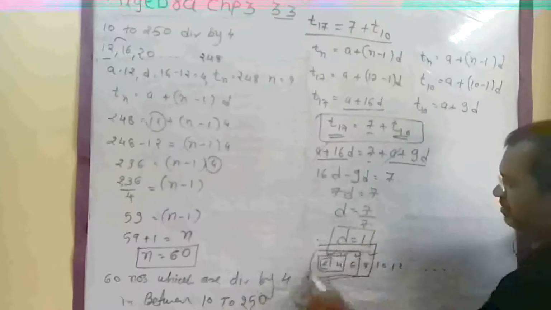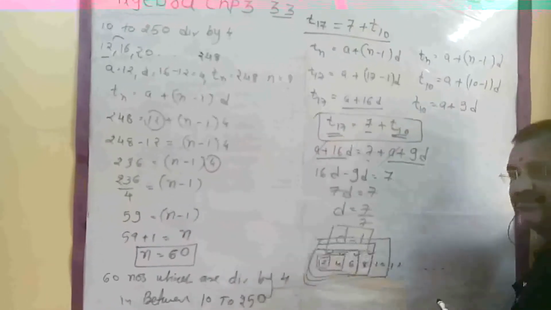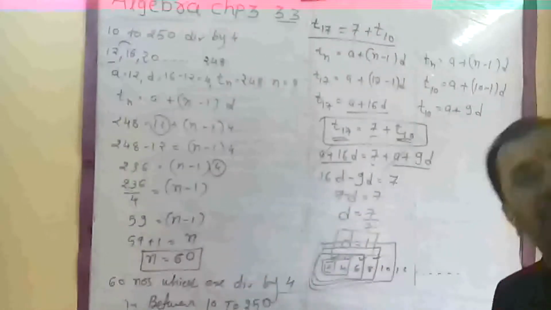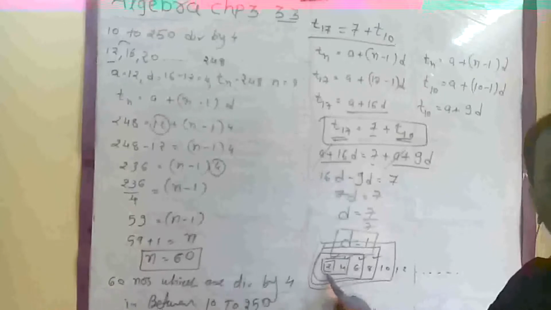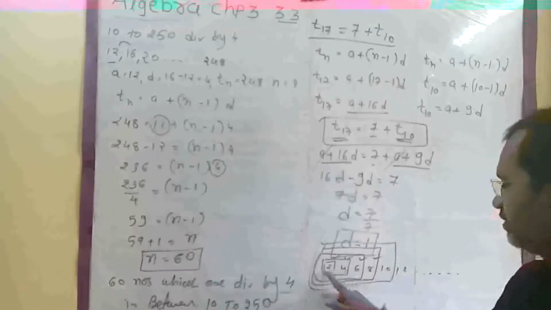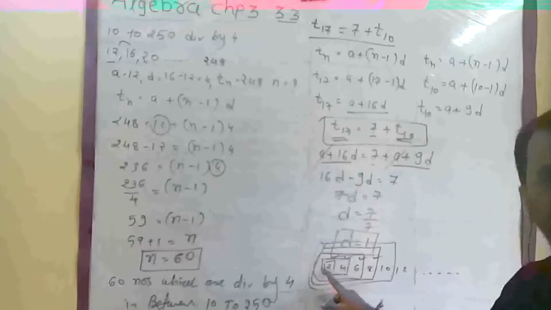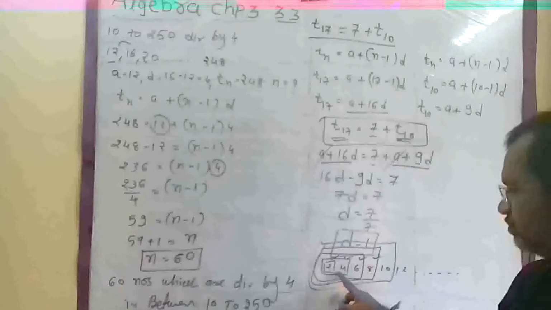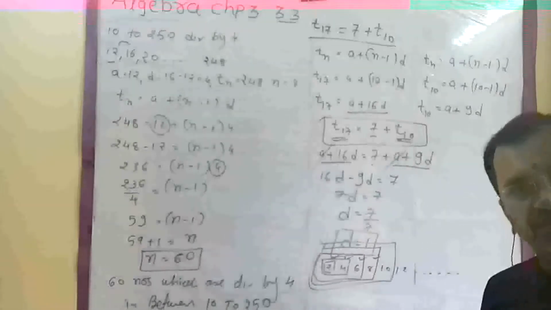Sum of four terms is 20. Sum of five terms, 30. Now we will learn sum: S1 means only one, S2 means first and second, S3 means first, second, third, S4 means the first four, S5 the first five.